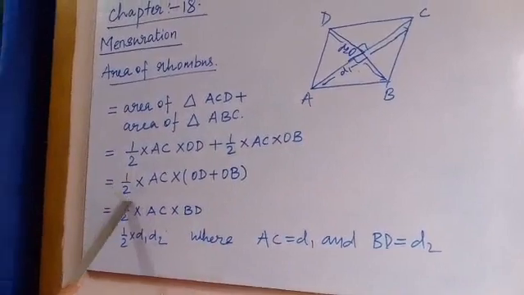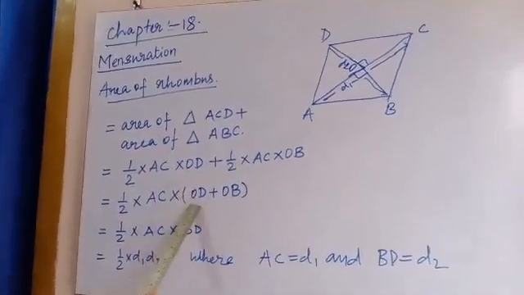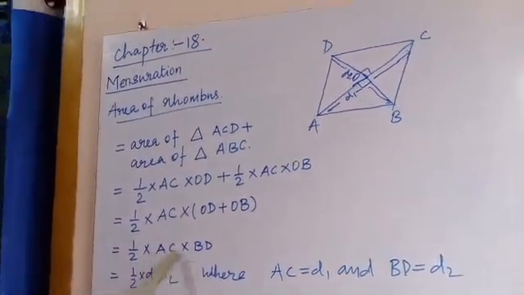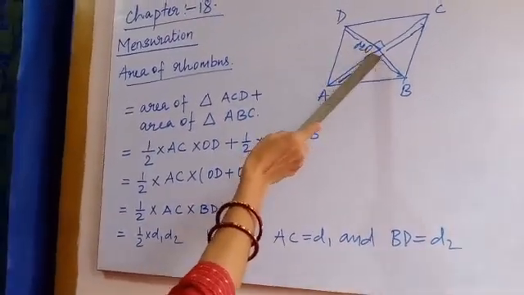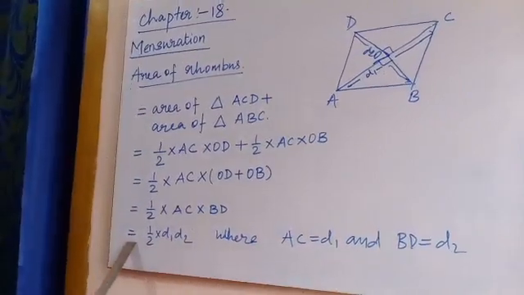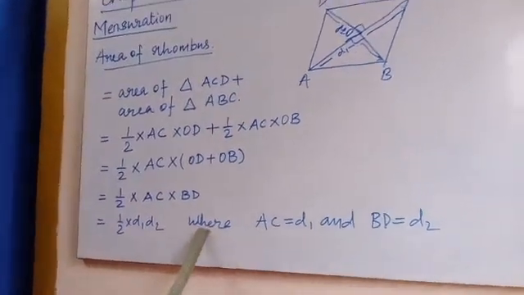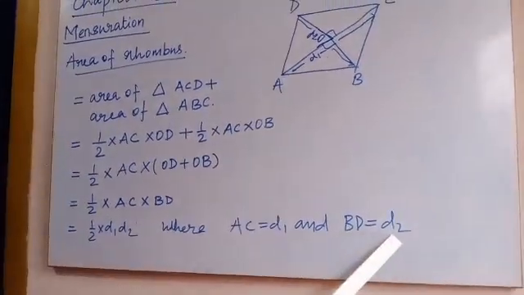Here AC is common, so 1 by 2 AC into (OD plus OB), equal to 1 by 2 into AC into BD. OD plus OB equal to BD, so equal to 1 by 2 D1 into D2, where AC equal to D1 and BD equal to D2.